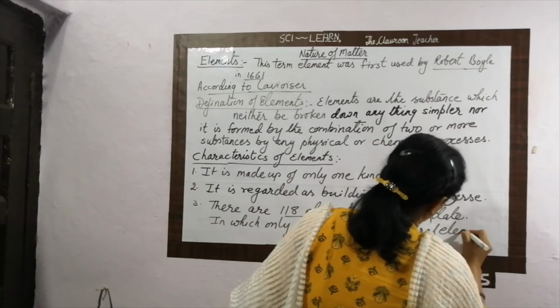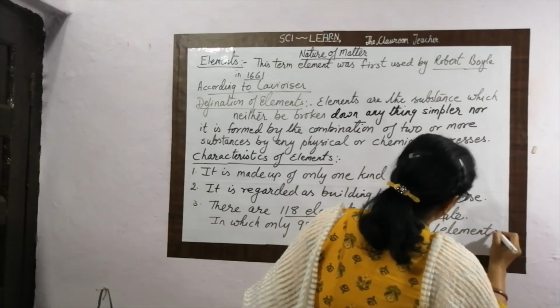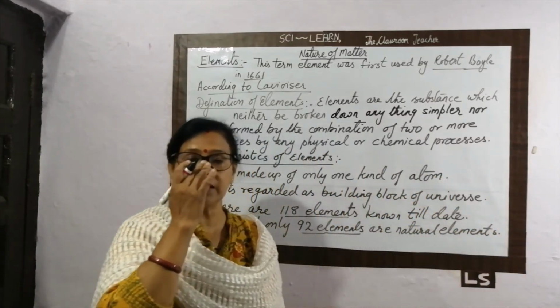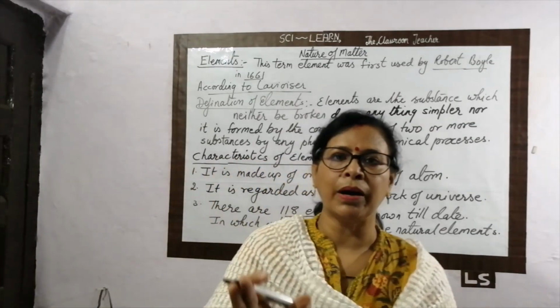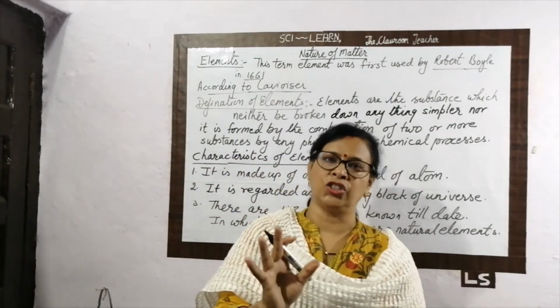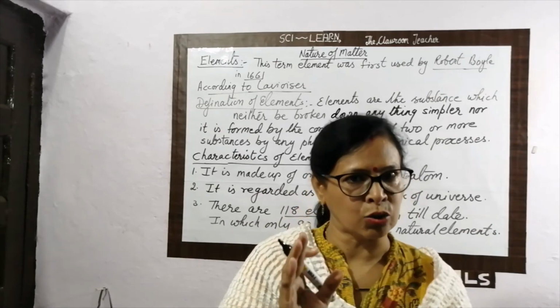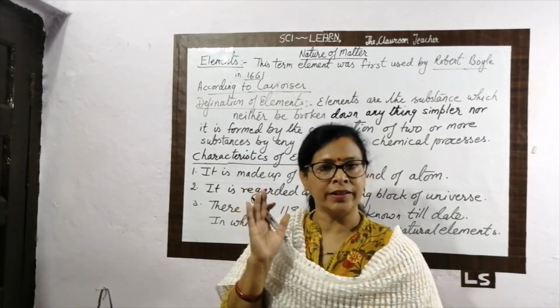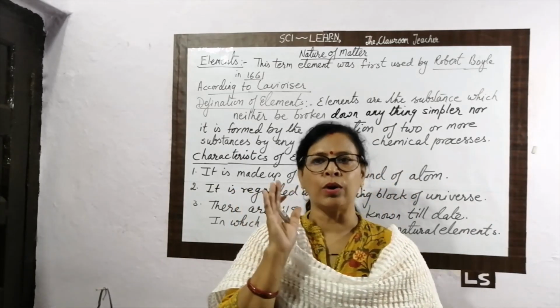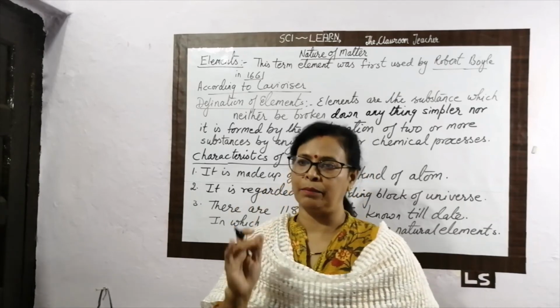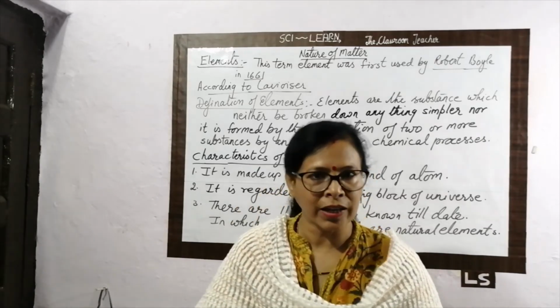What is the meaning of the term natural element? A natural element is an element that is provided by nature. Out of 118, only 92 are naturally occurring elements. And what about the rest of the elements?